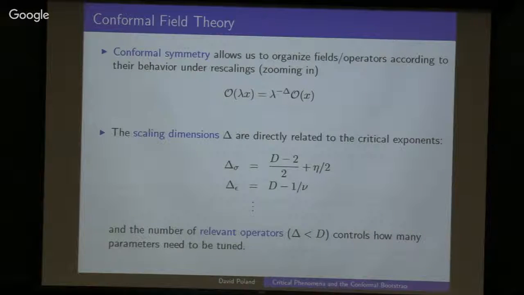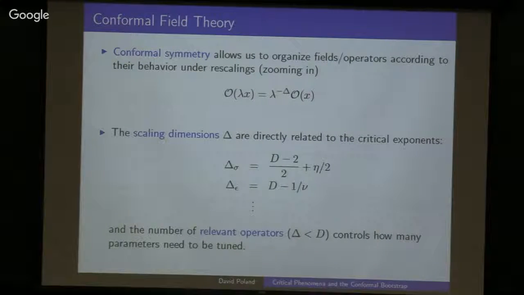This way of organizing things, by the way, is useful for many other reasons. So, for example, you can ask, okay, if I have a system with a critical point, how many parameters do I need to tune in order to arrive at that critical point? Okay, so in water or other fluids, we know that we need to tune 2 parameters, the temperature and the pressure, to get to the critical point.